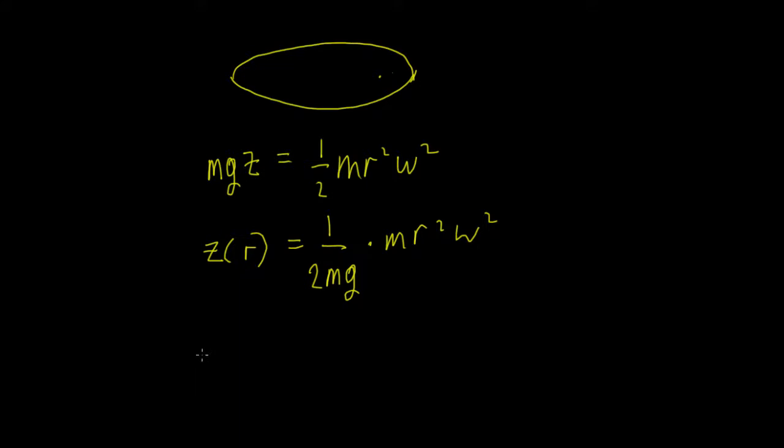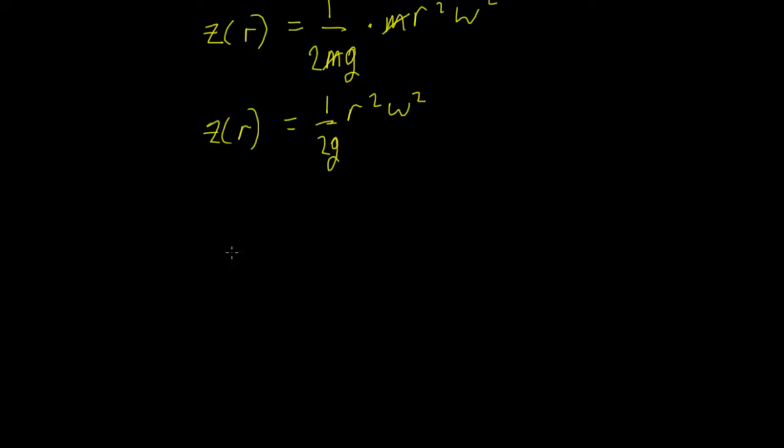So the m's going to cancel out, so z as a function of r is just going to equal 1 upon 2, m cancels out, and you're going to have r squared omega squared upon g, so it's 1 upon 2g. I'll just rewrite it again down here.